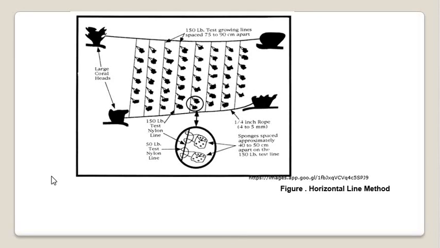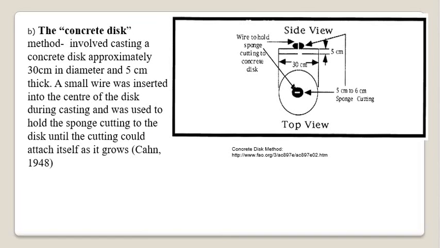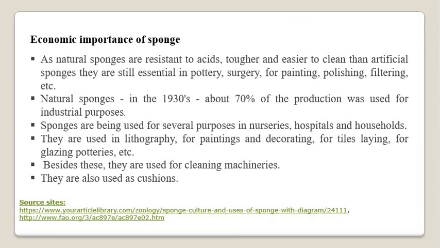Even the concrete disc method, how it has been used, and why it is not easy to handle, we have studied, as well as the economic importance of sponges and why sponges are rarely cultured. This also we have studied.